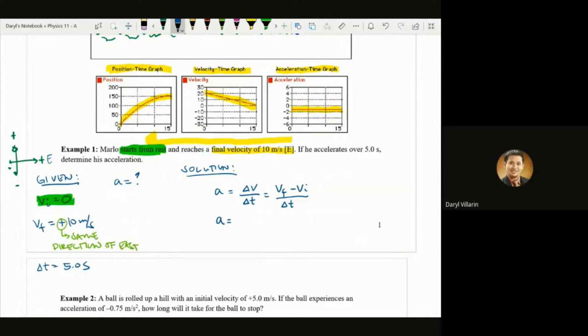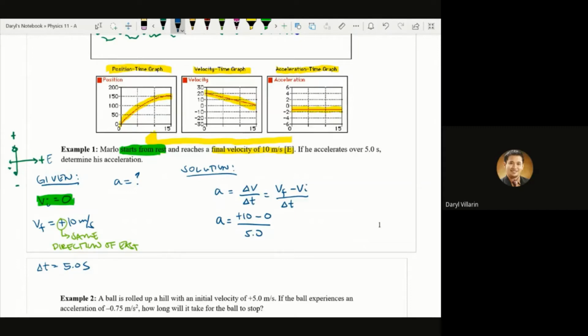Again, we use the positive sign to indicate positive direction and negative sign for the negative direction in our solution. So for vf, it is positive 10 minus 0, and delta t is 5.0 seconds.